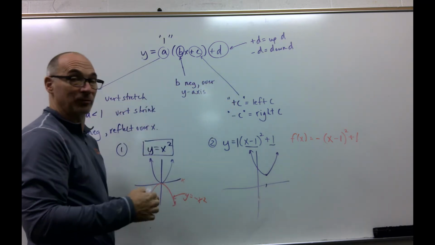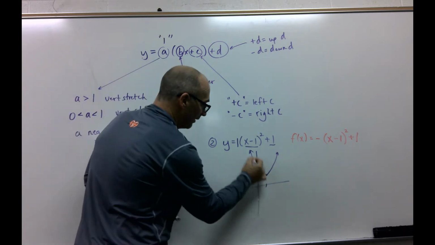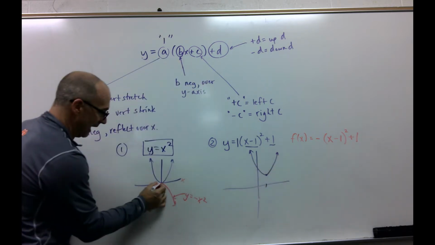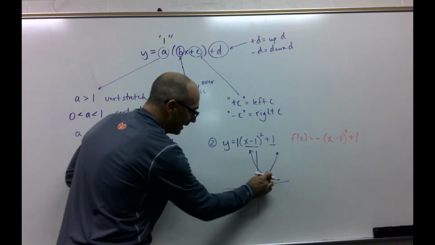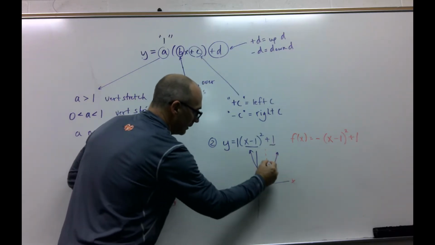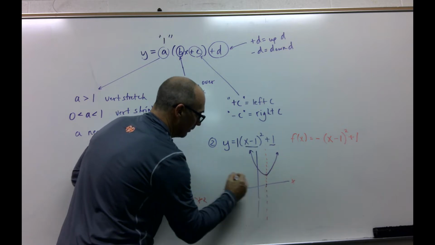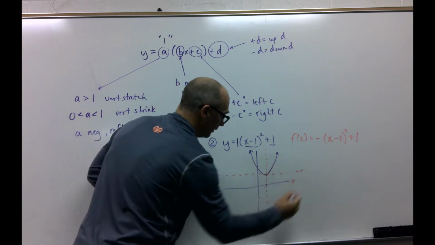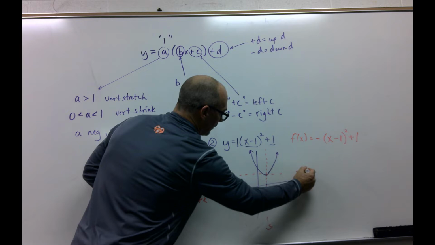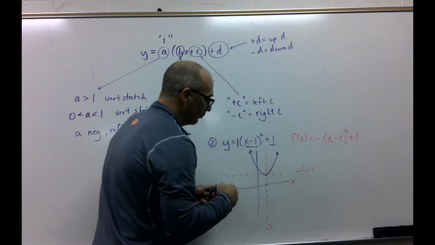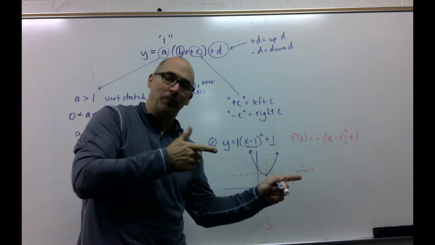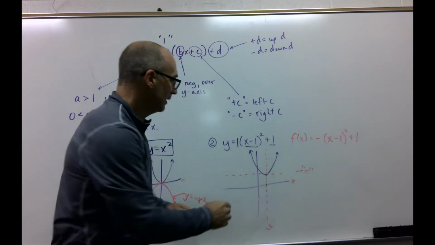Now I could spend a long time explaining why, but on these videos I'm going to save you some time. See how this is connected to the x-axis? It just flips over the x-axis. But this one is not connected to the x-axis. Here's my new y-axis, here's my new x-axis, and I'm going to flip it over that. If you've ever shot a gun with a scope on it, it's got crosshairs. It's kind of like that moved.